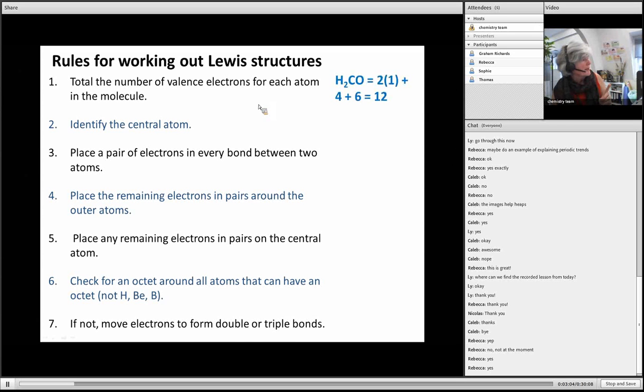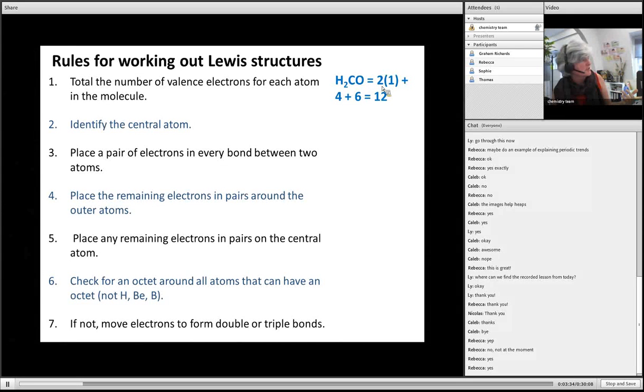So if we have this particular molecule, it's formaldehyde, H2CO, and you're asked to draw the Lewis structure. You probably came across this at level 2 as well, but what we're saying is I've got 2 hydrogens, each hydrogen's group 1, so it's 1 valence electron, carbon group 14, so it's 4 valence electrons, oxygen group 16, so 6 valence electrons.